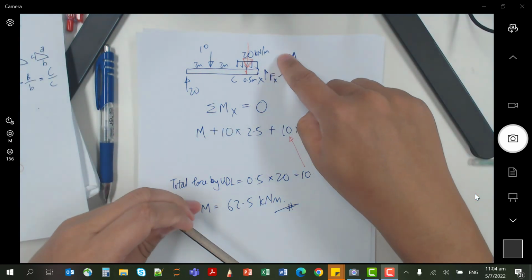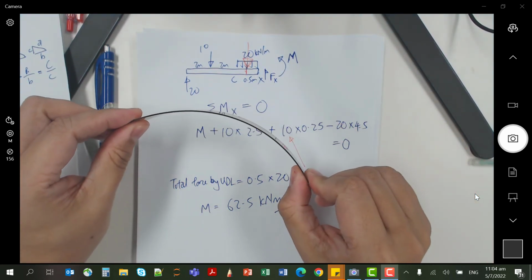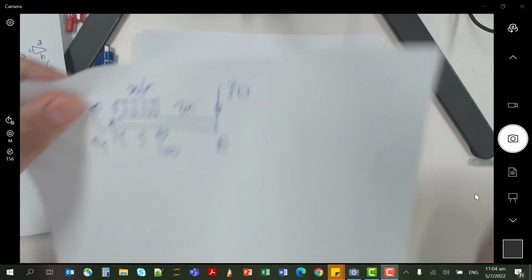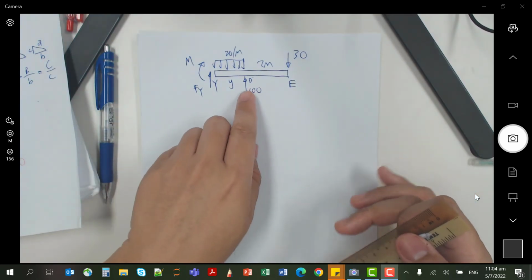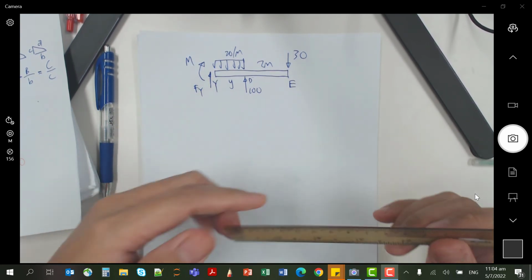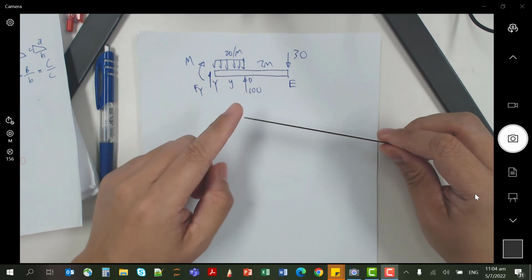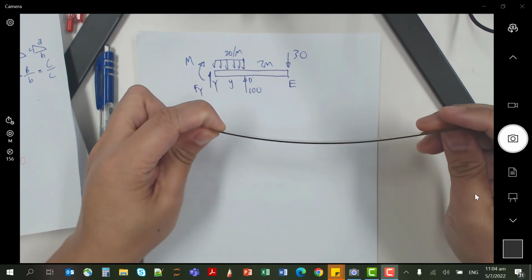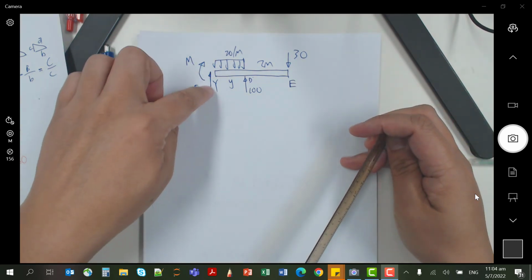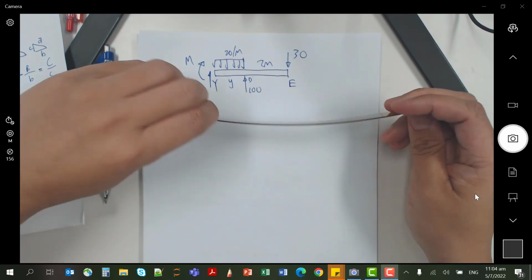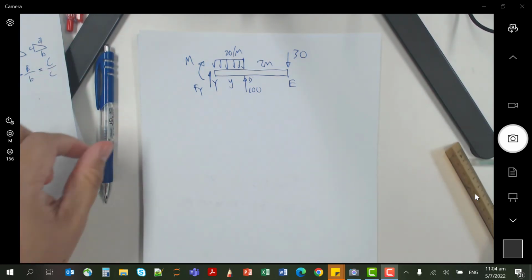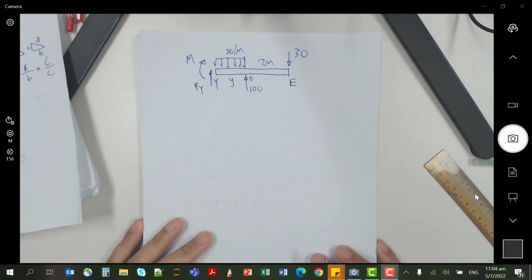If I draw clockwise, the beam will frown. So this is the simple guideline. For your case, I cut the beam, I look at the right hand side of the beam. The moment here, I should draw and make the beam smile. So drawing it in the clockwise direction will make the beam smile. That is the guideline for me.